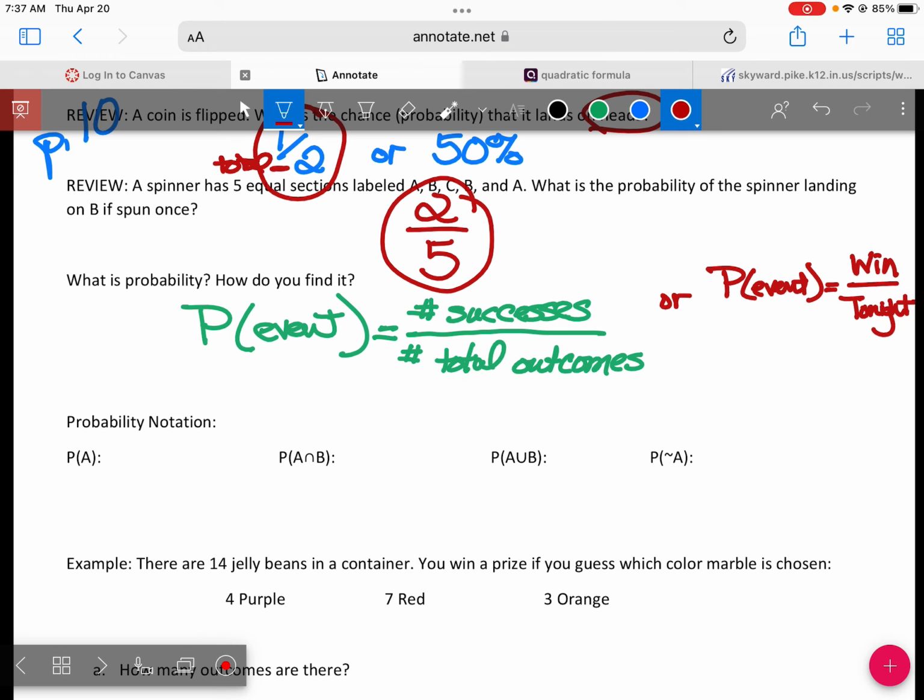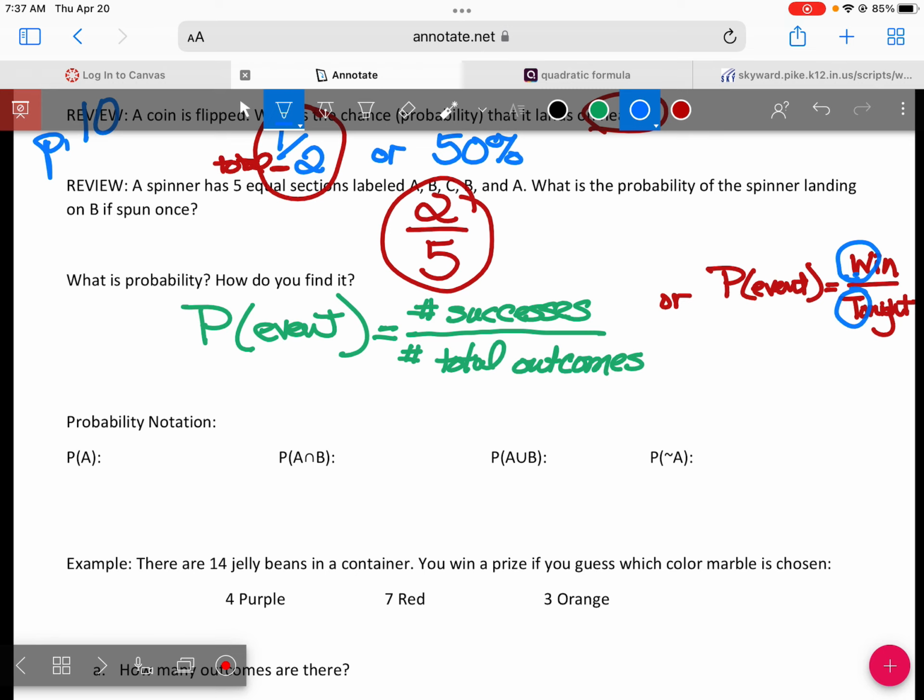So, wins, the W in wins, that talks about our successes. If you have a win, that's a success, okay? So the probability of an event, like a sporting event or a debate event or something, is that we want to win tonight. What does it say under win? Tonight. We want to win tonight.